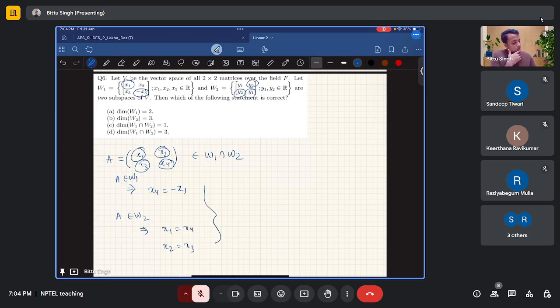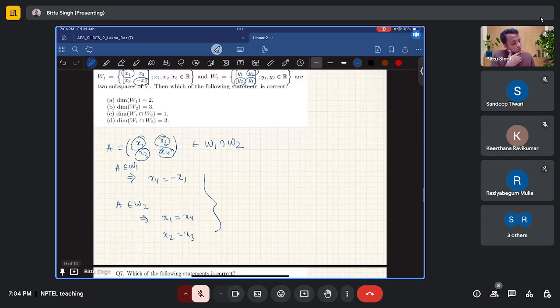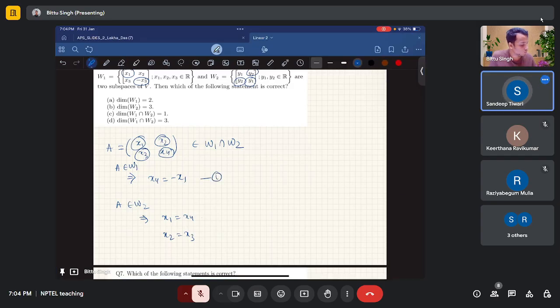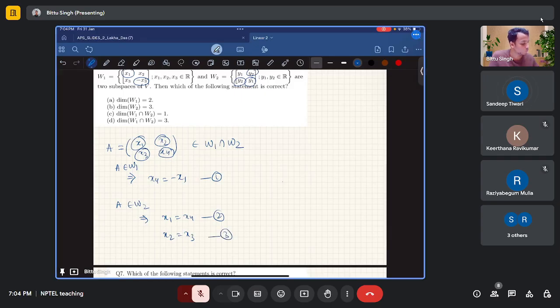So from here, x4 equals minus x1, but x4 also equals x1. Is it possible? When will it be possible? Yes, from 1 and 2, what are we getting? x4 equals minus x1, but again x4 equals x1, so it will be minus x4.